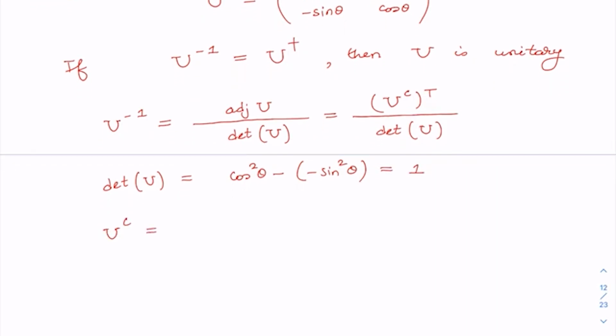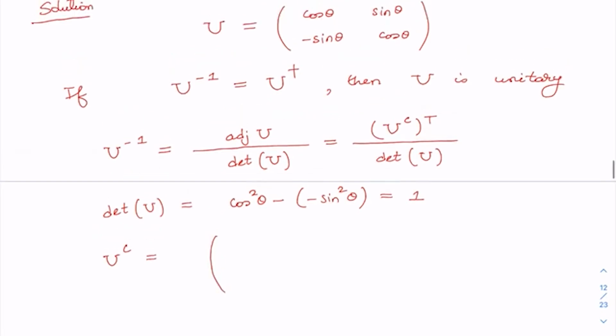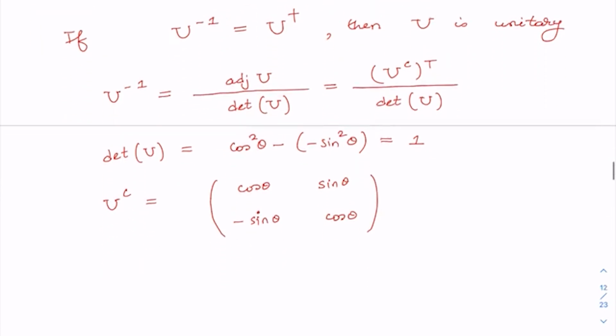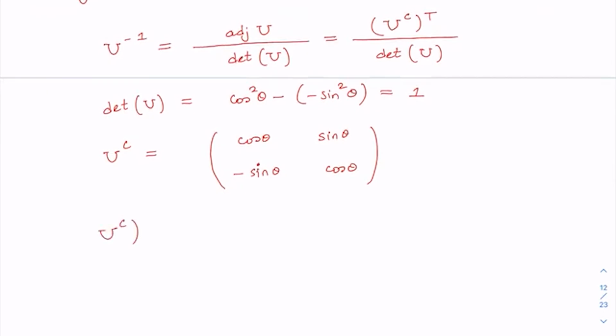For the cofactor matrix of U, you'll have here cos theta, sine theta, and minus sine theta, cos theta, and the transpose of this will give you cos theta, sine theta, minus sine theta, cos theta.